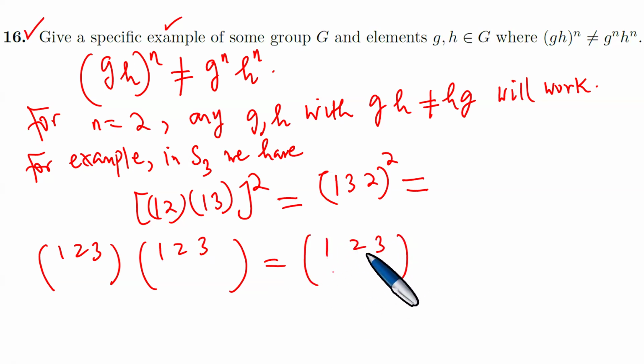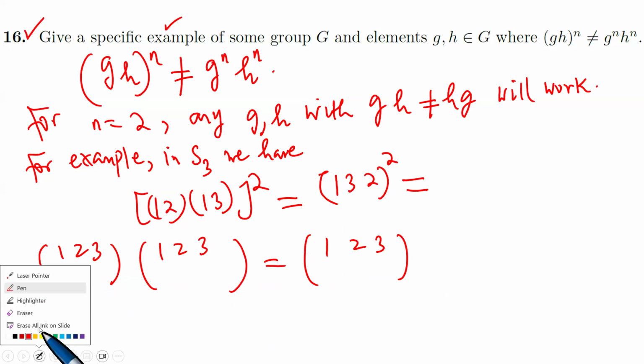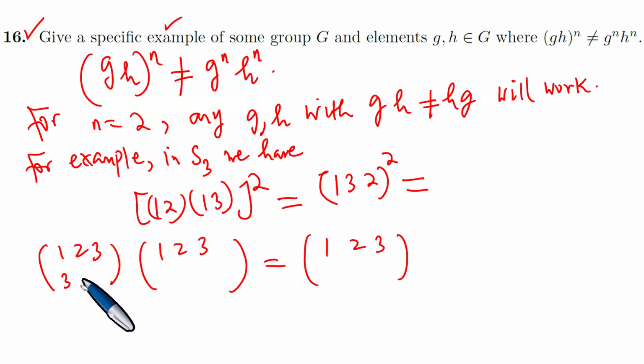So this one says that 1 goes to 3, 3 goes to 2, and then 2 goes back to 1. And we have 3, 1, 2 still.